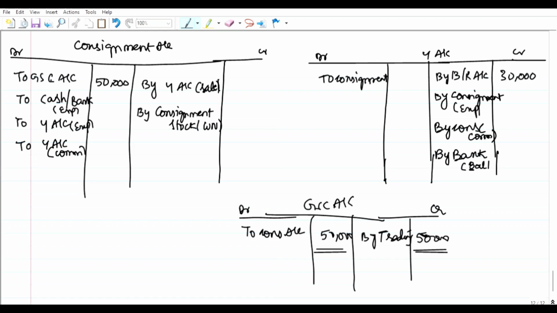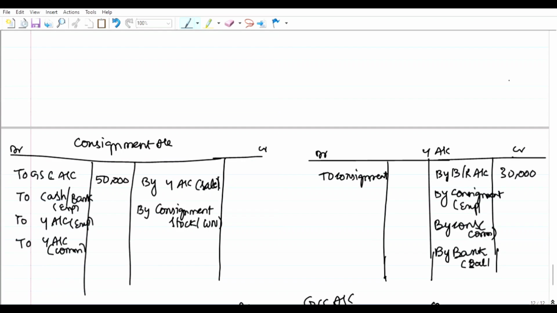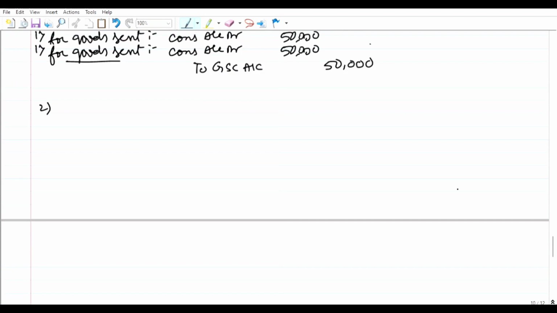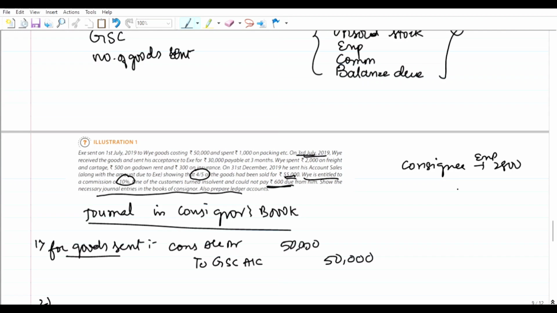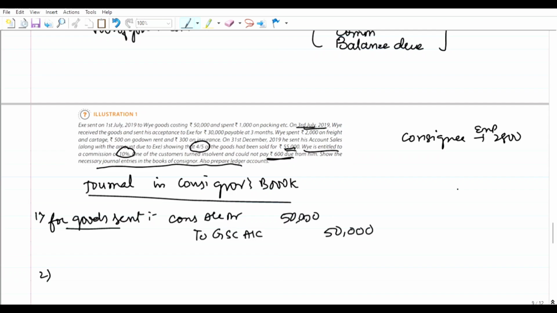So what happened, X spent rupees 1,000, and Y also spent rupees 2,800. Also they have said, showing the account sales, that 4 by 5 of the goods are sold for rupees 55,000.